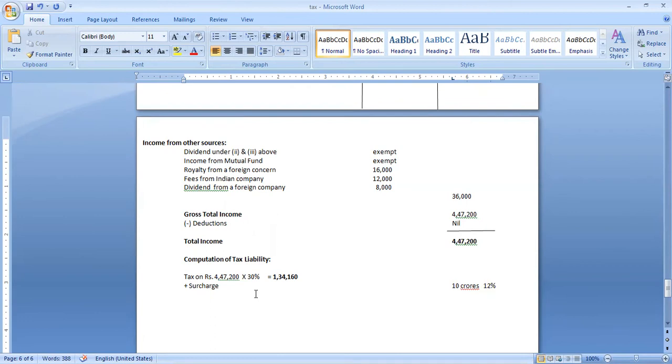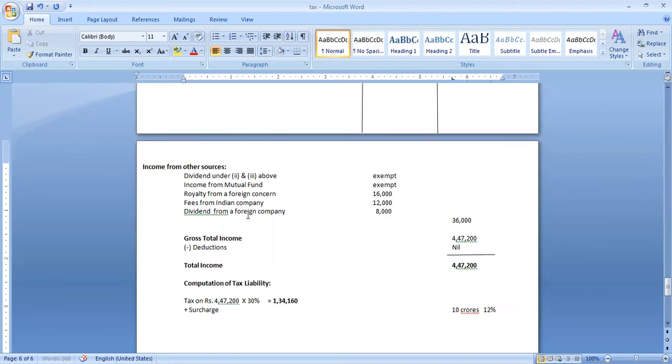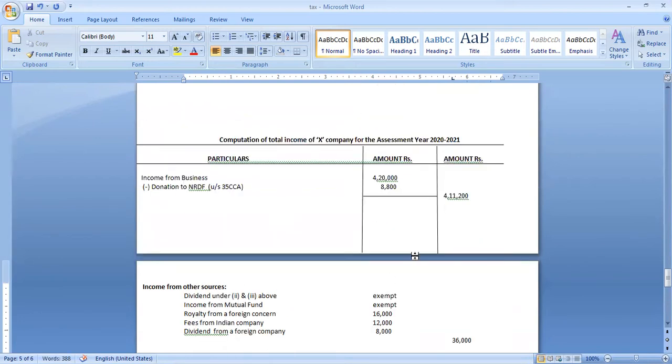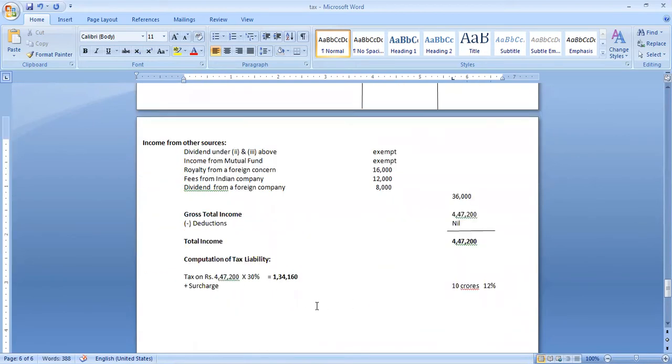Okay. We are dealing with only an Indian company in this problem, so I mentioned firstly about an Indian company. But you may ask a question: sir, what about a foreign company? Kindly make a note.